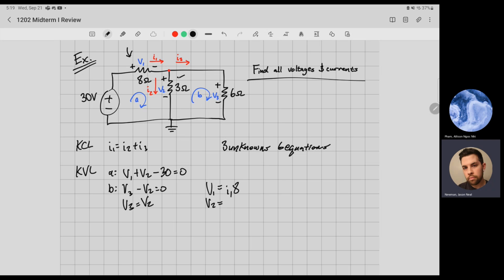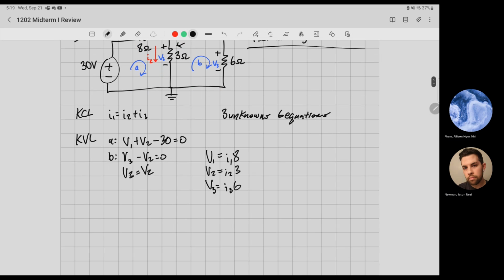So we're going to have I2 times 3, and then V3 is going to be I3 times 6. Is anyone lost right now? Feel free to ask me anything. Just let me know. I'm going to keep going. So this is I3 times 6.